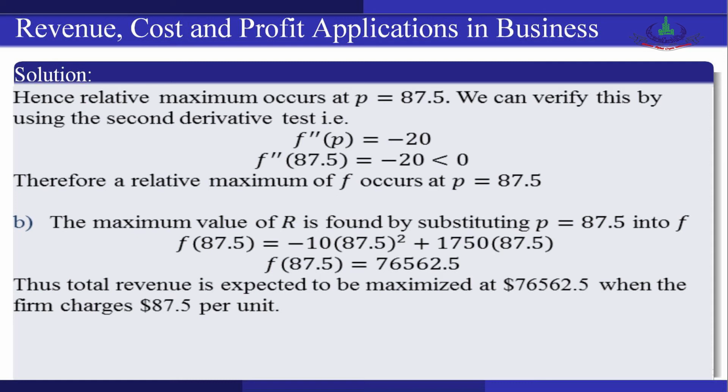So we get f of 87.5 is equal to 76,562.5. Dear students, therefore, we can say that the total revenue is expected to be maximized at $76,562.5 when the firm charges $87.5 per unit.